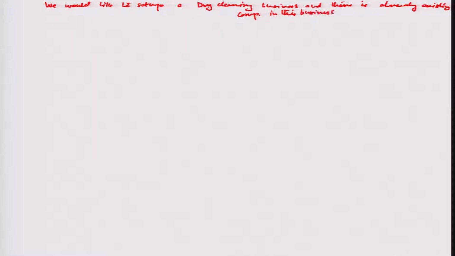So we want to understand the process in terms of the hows, the whats, the whys, and the how muches, and formulate a correlation matrix for us to be very clear about what needs to be done as a next step if we want to set up such a business. So let's talk first about the whats, or the customer requirements in a dry cleaning business.